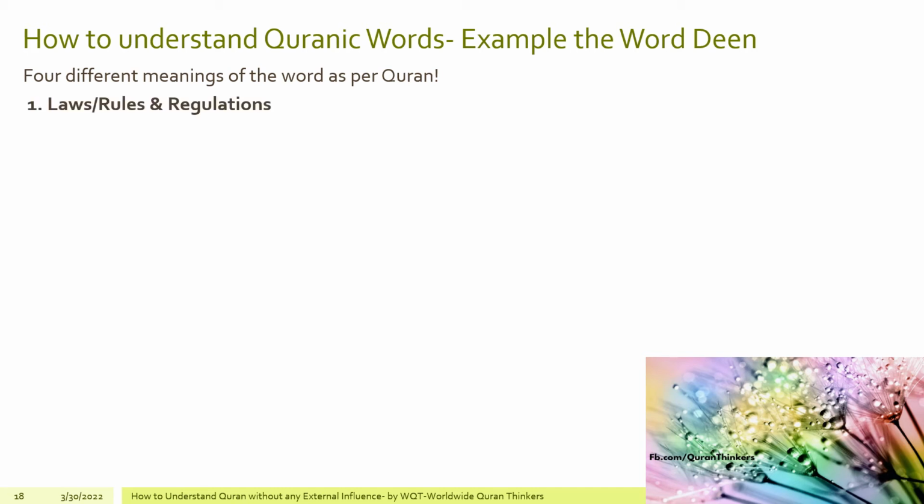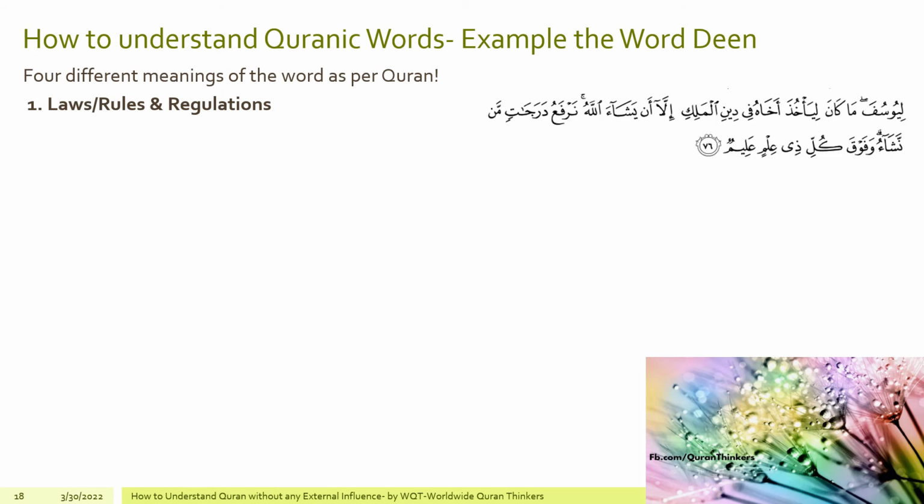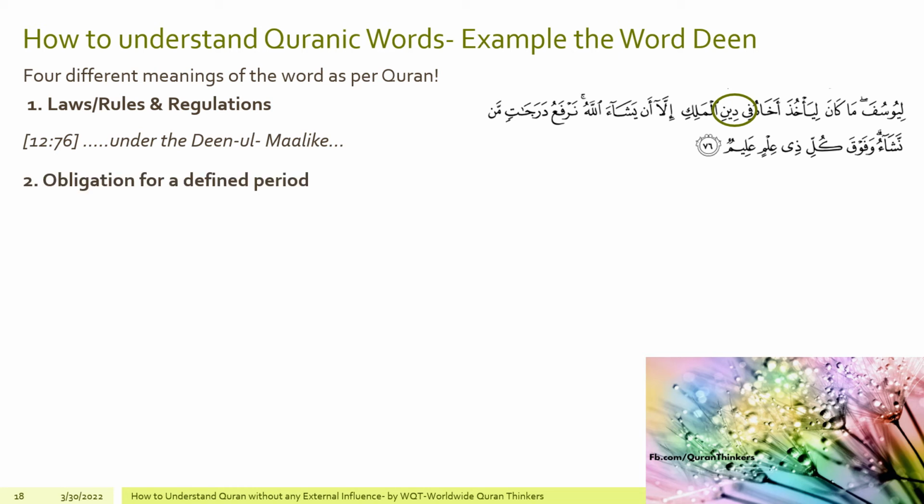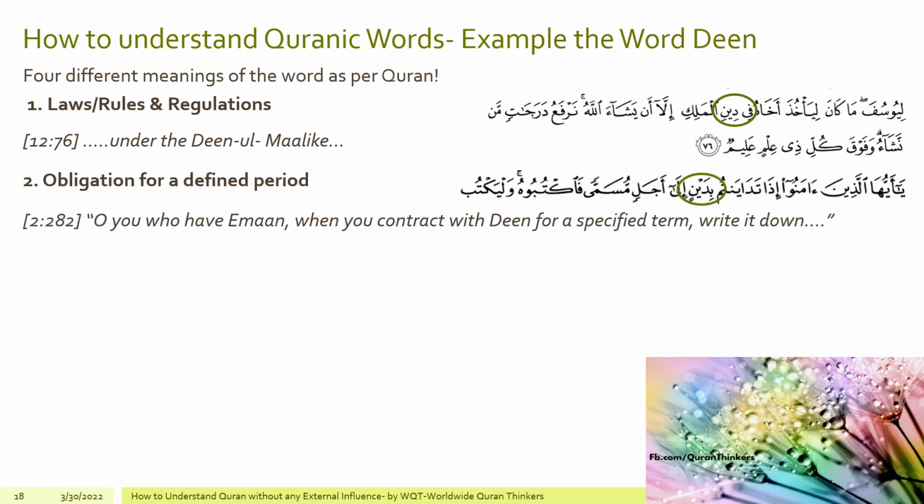So for instance, first and foremost, it's used in the Quran in the meaning of rules, laws, regulations, instructions, guidelines. For instance, here in Ayah 12:76, it's used in the meaning of the laws of the Malik, or the king. It's also used, for instance in this ayah, in the meaning of obligation, a debt which one is indebted for a specified or a limited period of time.